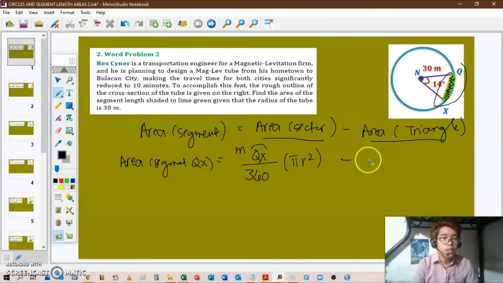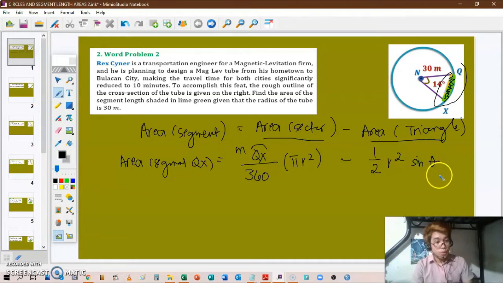The area of the triangle is 1/2 the radius squared multiplied by sine theta, where theta is the central angle. This is the central angle.